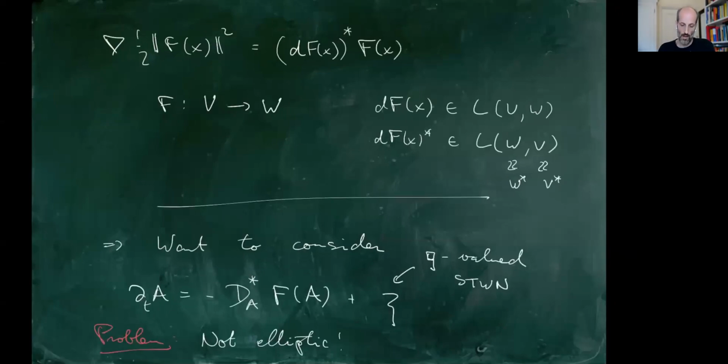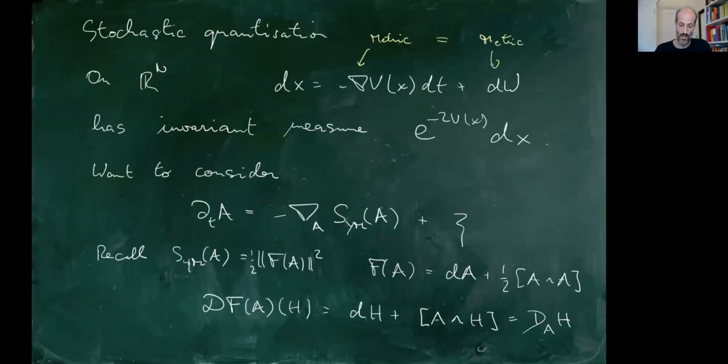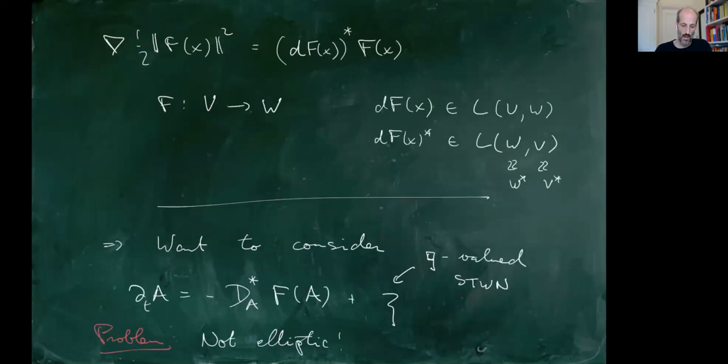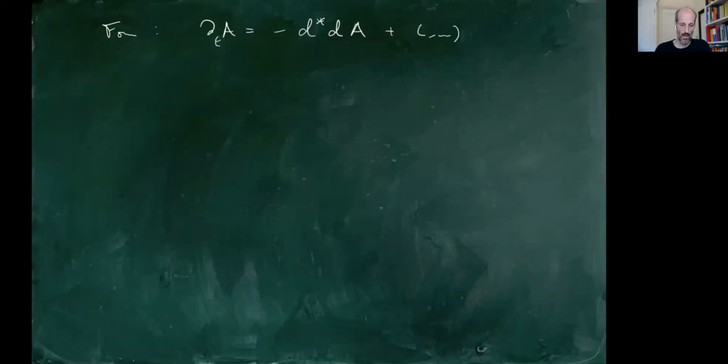Remember, f of A is just dA plus something, and the covariant derivative is d plus something zero order. And so the adjoint is d star plus something zero order. So the whole thing is of the form minus d star d plus additional stuff.